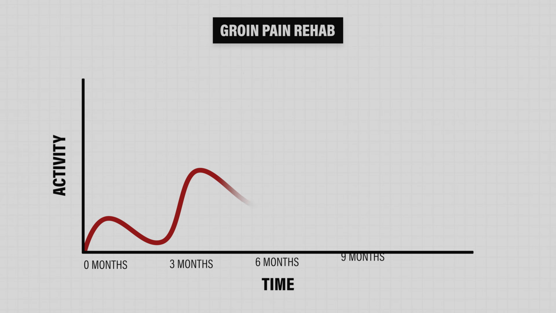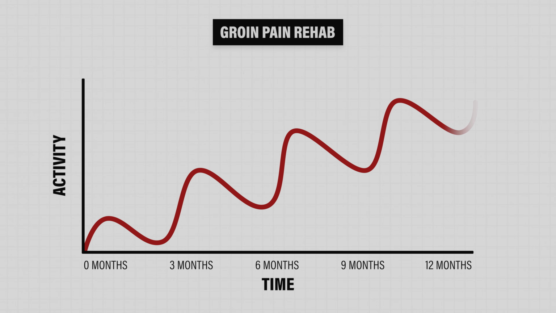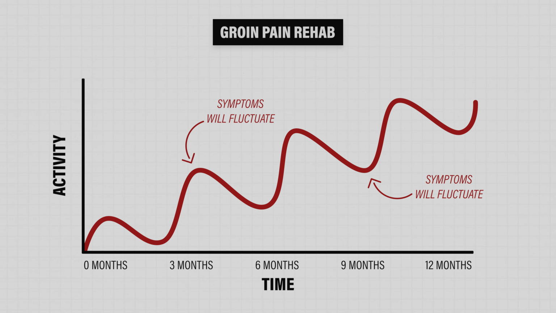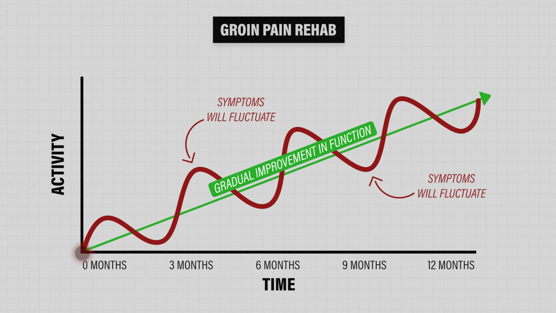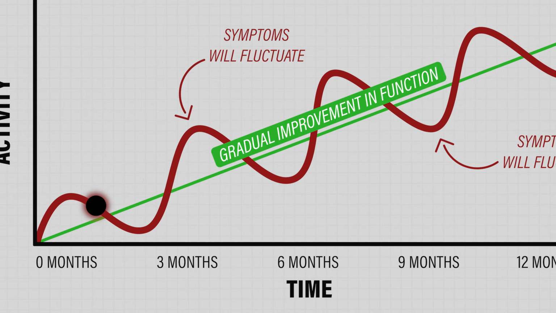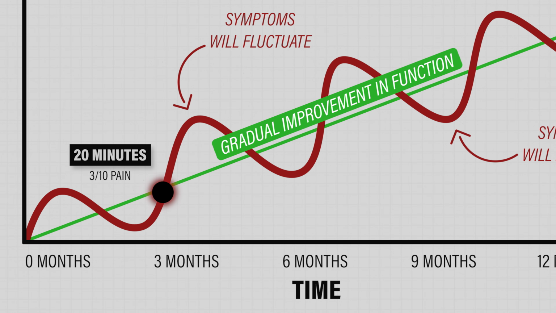It's also helpful to understand that the rehabilitation process is not a linear path. You may experience symptoms that fluctuate on a day-to-day or week-to-week basis. It's therefore important to track your function alongside your pain. Going back to the soccer example, you might experience a 3 out of 10 pain after playing for 20 minutes.